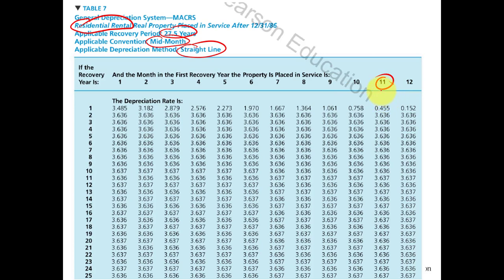And the first year, here is the depreciation rate. Keep in mind, this is a percent. So if you convert this to decimal, you're looking at 0.00455. And this is 0.45%, decimal 0.0045455. Again, no salvage value. Make sure you're not depreciating any land costs.